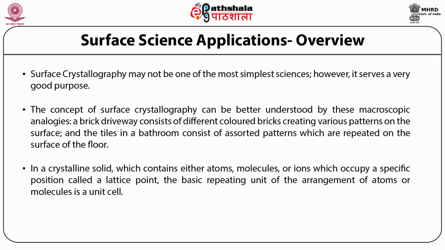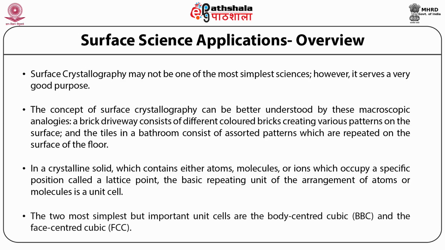The arrangement of these unit cells in a crystalline solid varies depending on the type of solid. There are 14 different types of unit cell of crystal structure, and the two simplest but most important unit cells are the body-centered cubic and face-centered cubic (FCC).